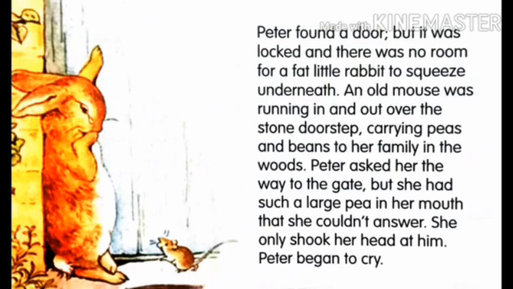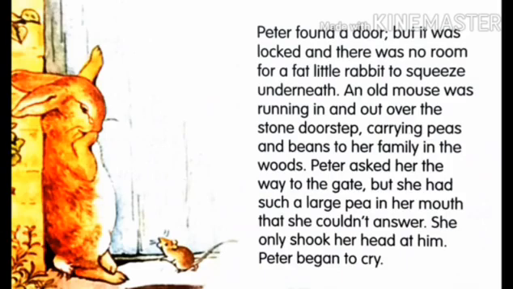It is taking it to her family. Now, Peter asked her the way to the gate. Here, her means the mouse. So Peter asked the mouse the way to the gate, so that he could escape to his house. But she had such a large pea in her mouth that she couldn't answer. She only shook her head at him.